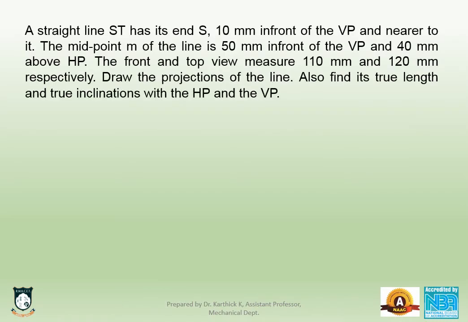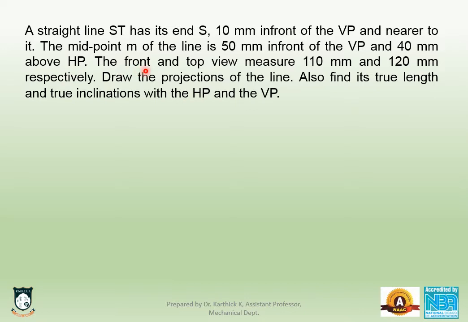Let me read the question. A straight line ST has its end S 10 mm in front of VP and nearer to it. The midpoint M of the line is 50 mm in front of VP and 40 mm above HP.